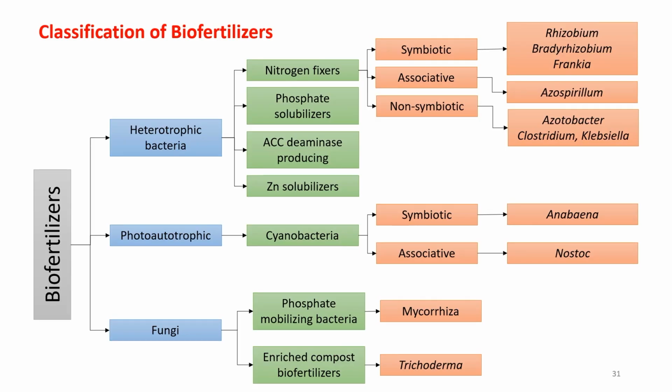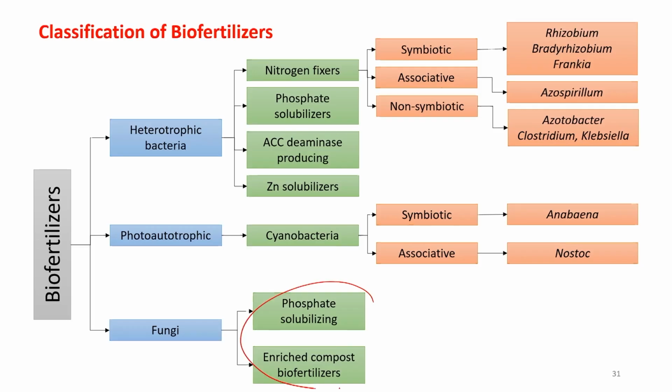Biofertilizers are produced by heterotrophic bacteria, phototrophic organisms and fungi. In heterotrophic bacteria we may have nitrogen fixers or phosphate solubilizers, then ACC deaminase producing bacteria, and then zinc solubilizers.